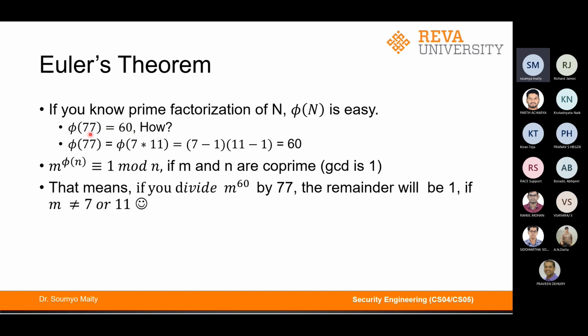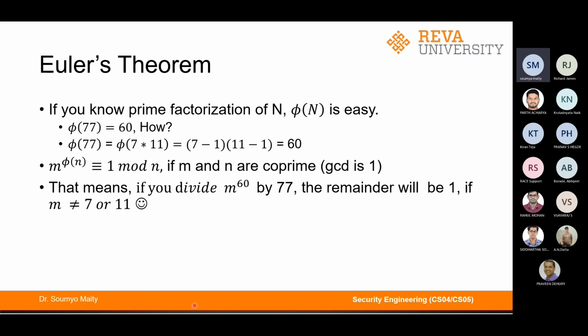This 77 is coming from 7 multiplying by 11. 7 and 11 both are prime numbers. So it's very easy: 7 minus 1, 11 minus 1 equals 6 into 10, 60. But if you do not know that this 77 comes from 7 and 11, then to find that you have to factorize. It's a very small number, so it's very easy for us to find.